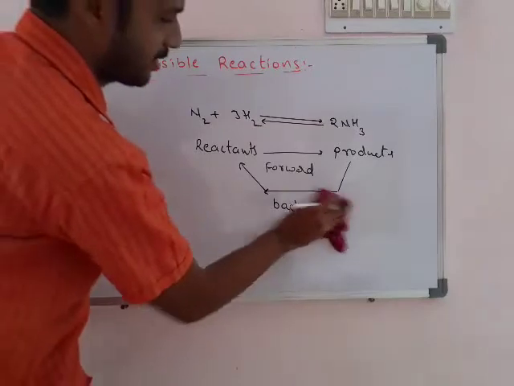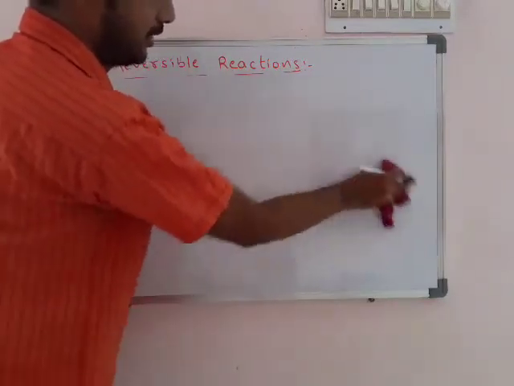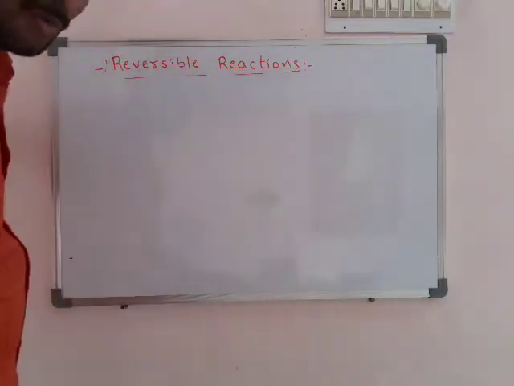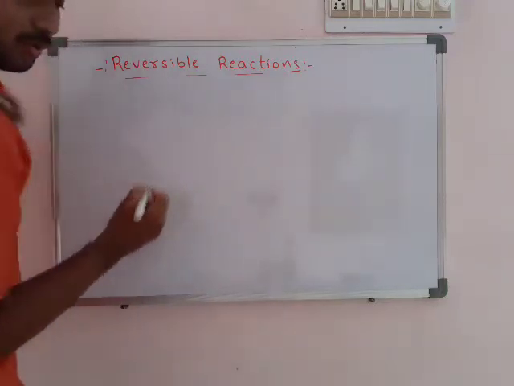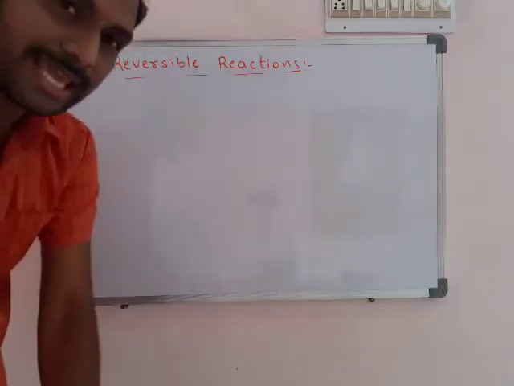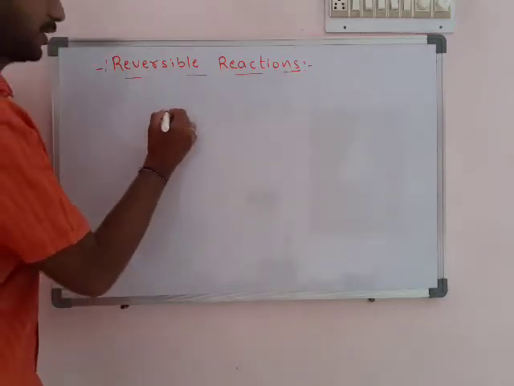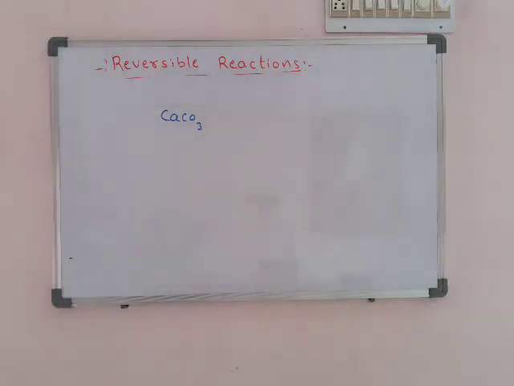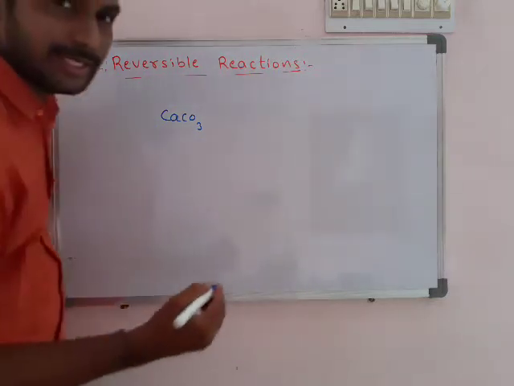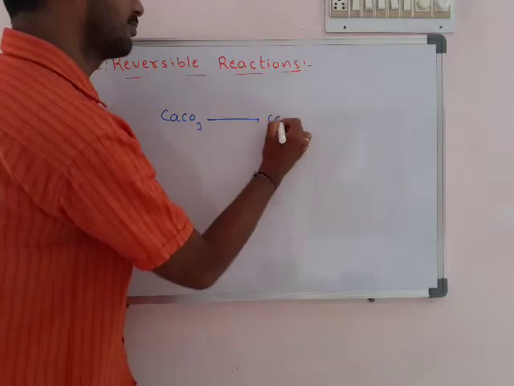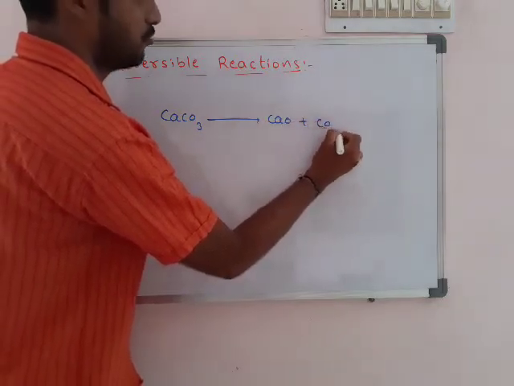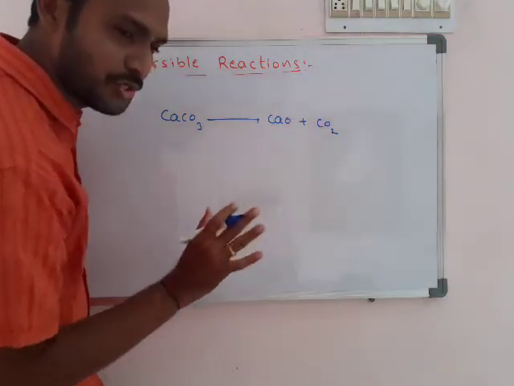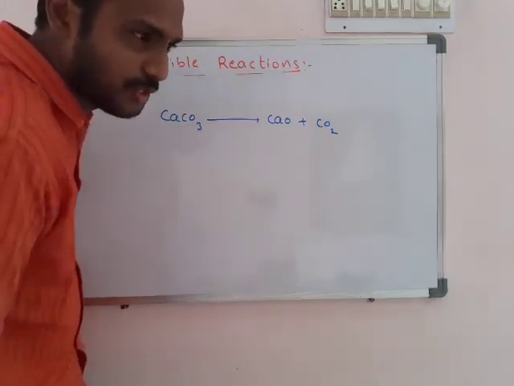Now we see some examples of reversible reactions. Here, on heating calcium carbonate, limestone, we know that CaO plus CO2 is formed. So the forward reaction takes place. This is experimental; we cannot check all reactions.